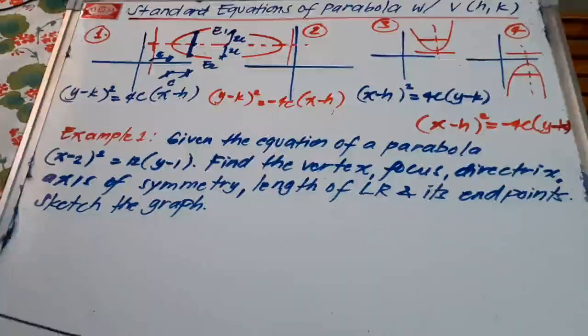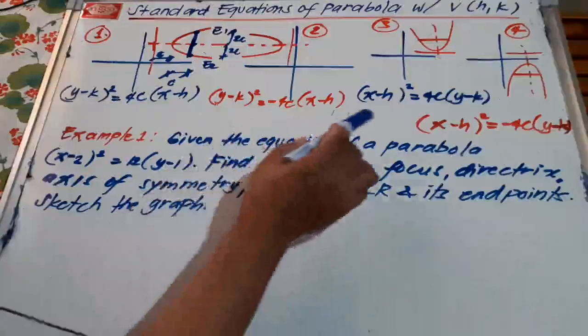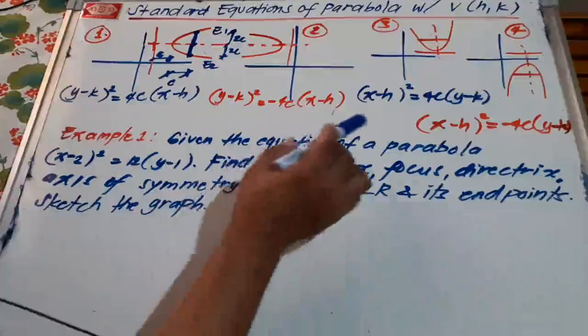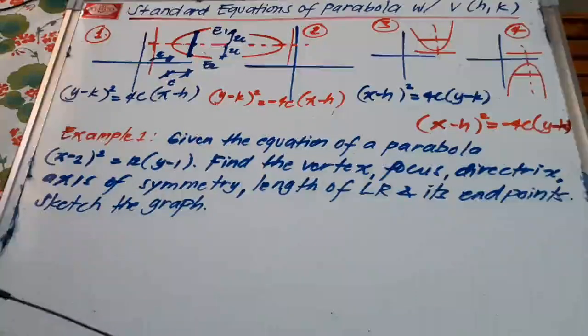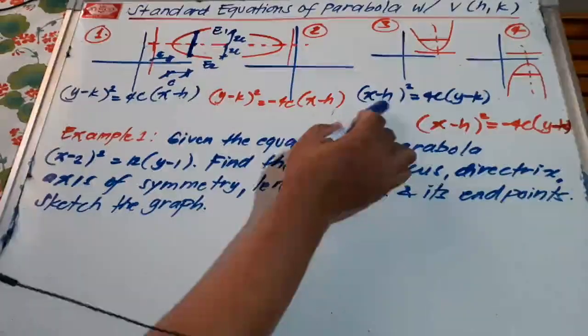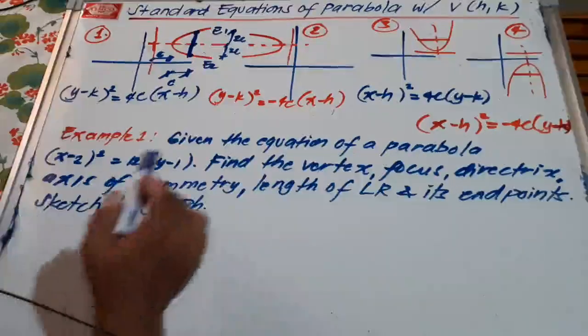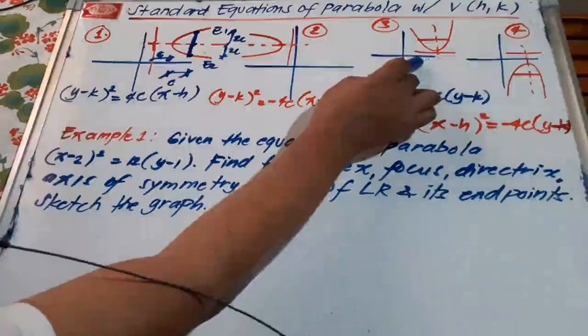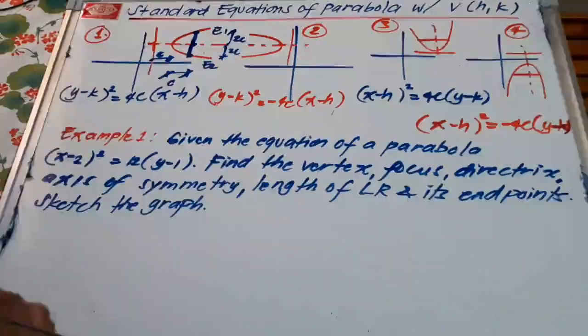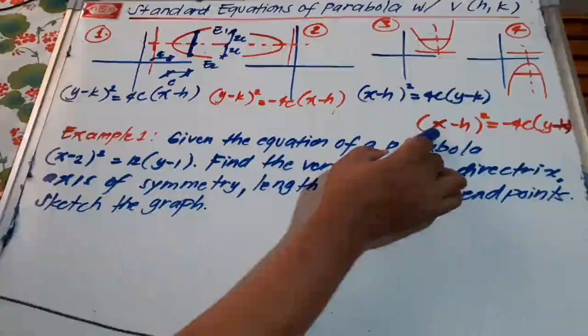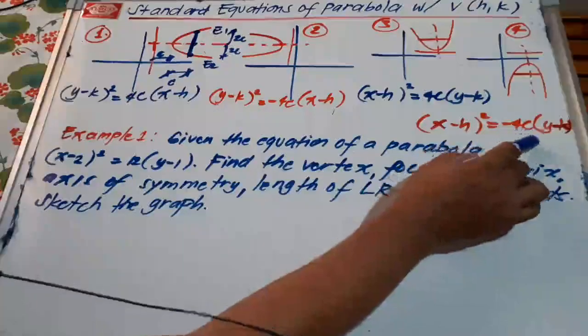Okay? Equations 3 and 4 are the graphs of parabolas that either open upward or open downward. Okay? We have (x minus h) squared equals 4c times quantity (y minus k). The graph of this equation is this parabola. Okay? Naka-open siya sa taas. The other equation is (x minus h) squared equals negative 4c times quantity (y minus k).